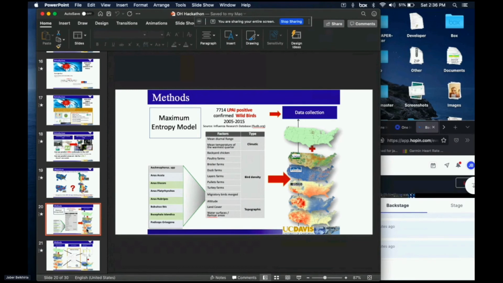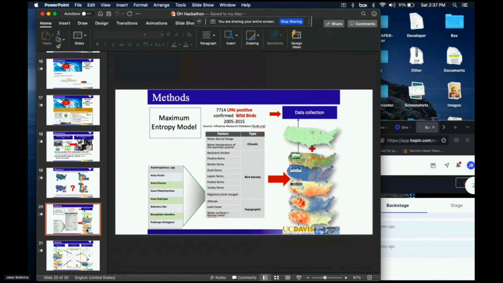So I used data from FluDB, so the influenza research database. From 2005 to 2015, we had GPS locations of 7,714 positive birds. The predictors I used also included environmental factors such as climatic, topographic, and bird data on bird density, such as migratory birds, but also where the farms are, where people are farming.